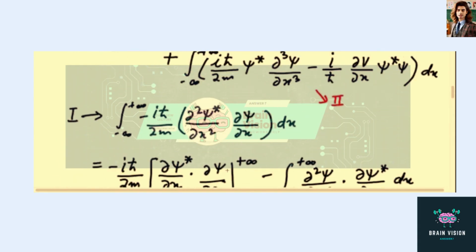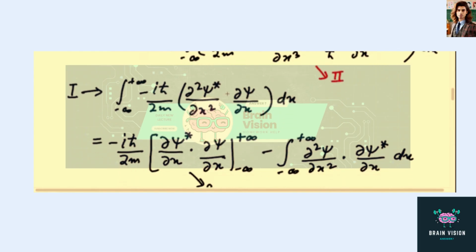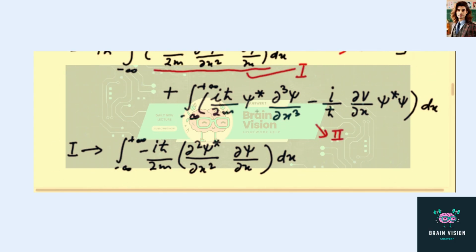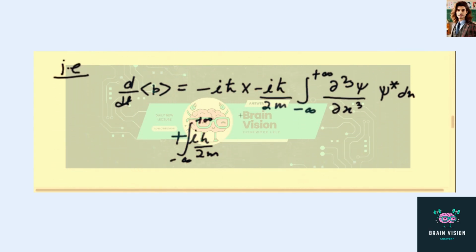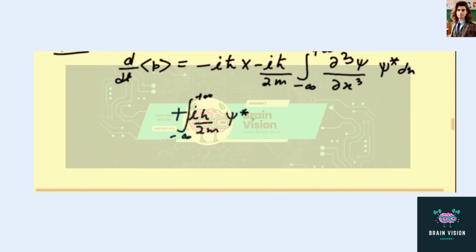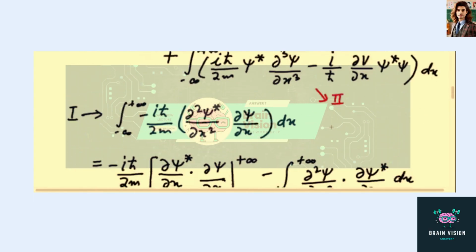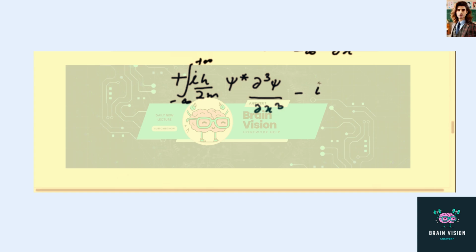second integration is as it is, plus this integration is ħ/2m ψ* and ∂³ψ/∂x³ and minus i/ħ ∂V/∂x ψ* and dx.